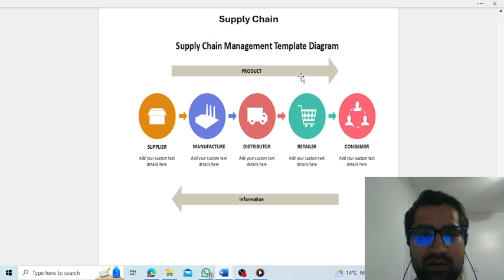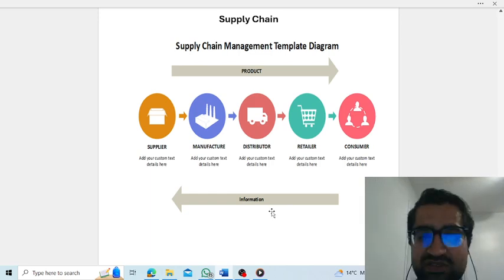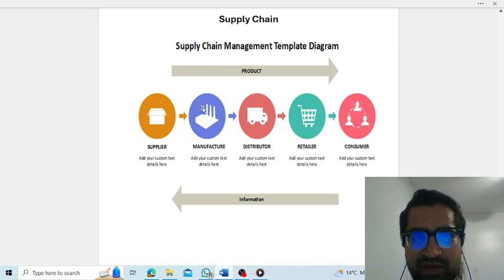So, as you see on my screen on the first slide, this is the supplier sending the products. That's the supplier, the product flow and the information flow. You see, the upside there is an arrow for product flow, and the downside there is information flow. So this is opposite. Why is this opposite? Because the product starts flowing from the supplier to the manufacturer.